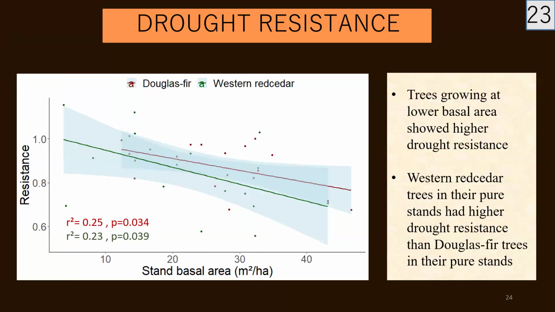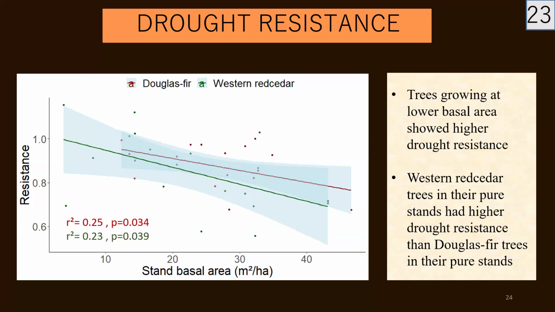Moving on to the tree drought indices that we calculated: drought resistance, resilience, and recovery. We looked at them at a stand level as well as a tree level. First, at the stand level, we saw that trees growing at a lower basal area showed higher drought resistance. At a lower basal area there are fewer trees, so there could be more resources available to a tree after drought to get back to its original state.